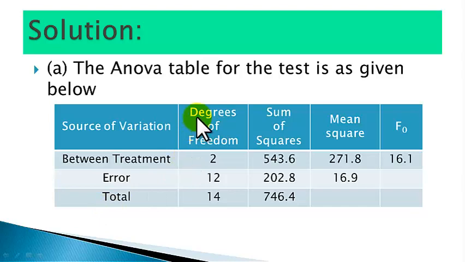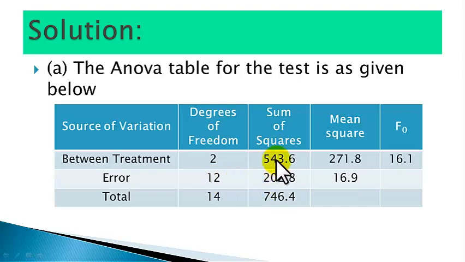The second column is for degrees of freedom. We are comparing 3 treatments, so the degrees of freedom for treatment will be 3 minus 1, which is equal to 2. There are altogether 15 observations, so the total degrees of freedom is 15 minus 1, which is 14. Then the error degrees of freedom is 14 minus 2, which is equal to 12.